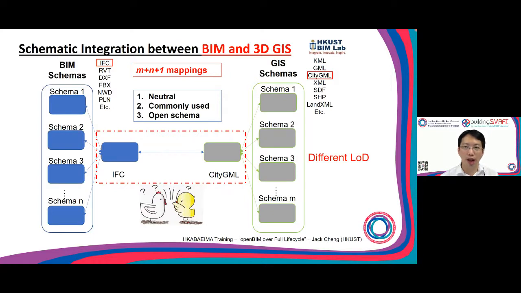And earlier, we have worked on the integration of BIM, particularly IFC and CityGML, at the schema level to combine the data, or transfer the data from IFC to CityGML and from CityGML to IFC.